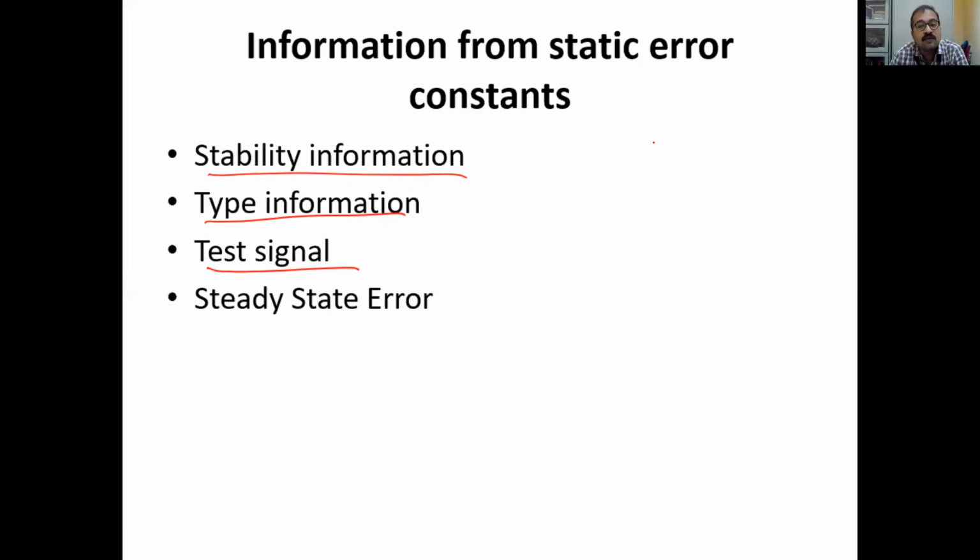That is because of a step input. If it is Ka, acceleration error constant, that is because of a parabolic input or an acceleration input, and so on. And similarly, you will get information about steady state error, whether it is 0, whether it is finite, or whether it is infinity. Okay, so all these informations can be deduced from the given static error constants.